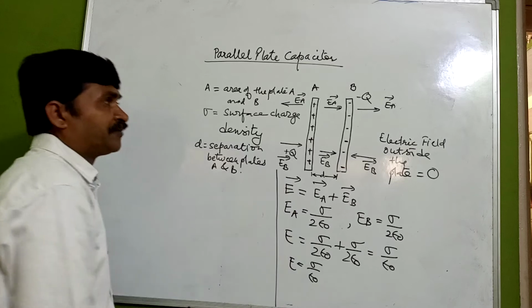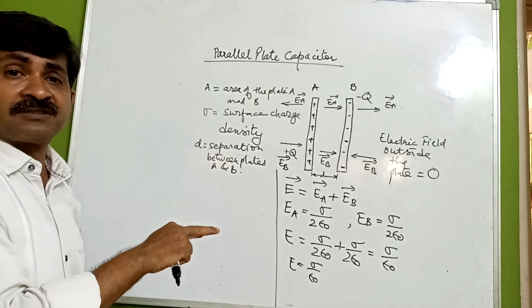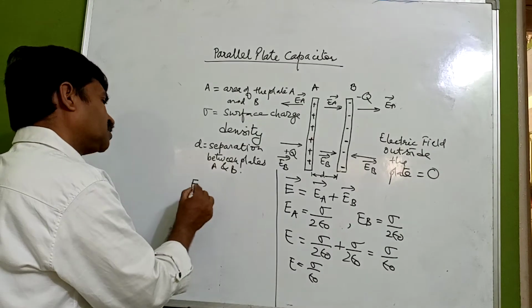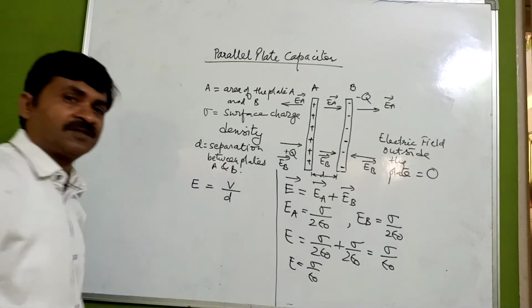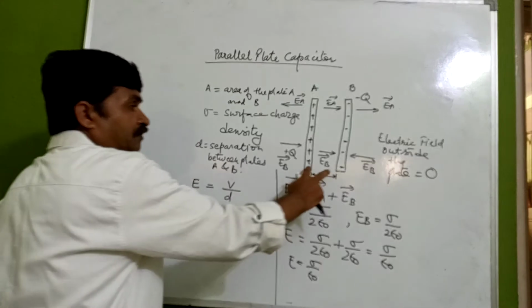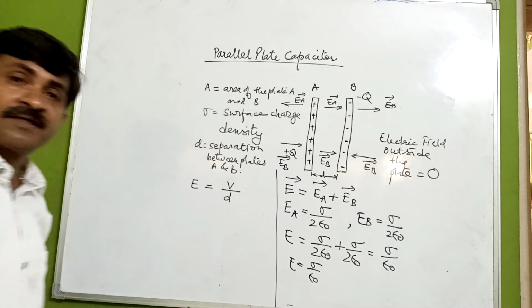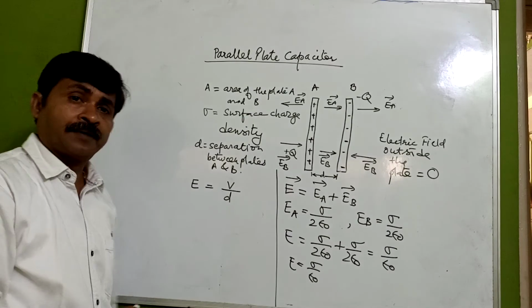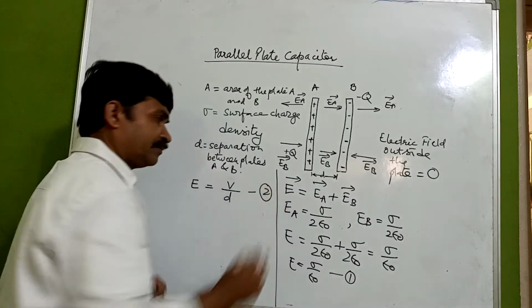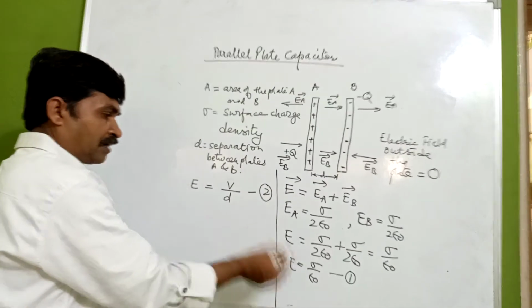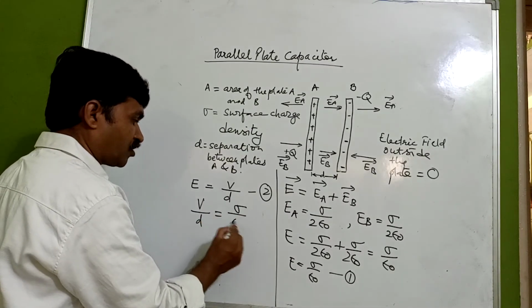Now the electric potential has a relationship with the electric field: E is equal to V upon D, where V is the potential and D is the separation, so the electric field is the potential gradient. Comparing the two results, V upon D equals sigma upon epsilon naught.